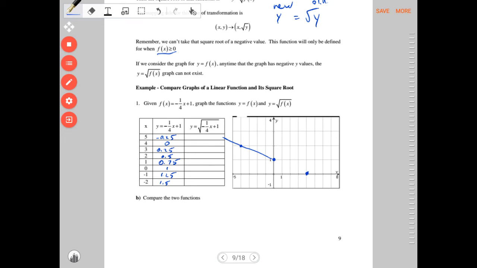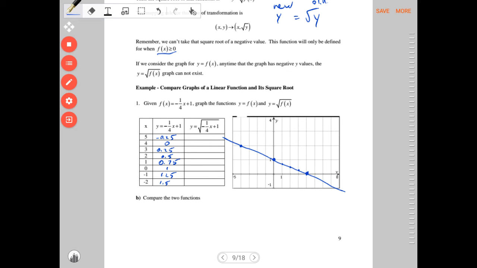Let's see how steady my hand is. Not the greatest, but not terrible either. So there's the graph of negative 1/4 x plus 1. That's 0.25, that's 0.5, that's 0.75. You get the idea.